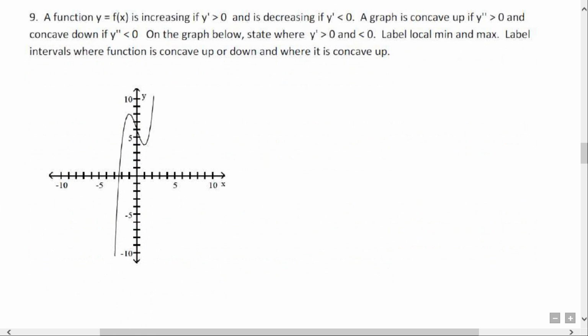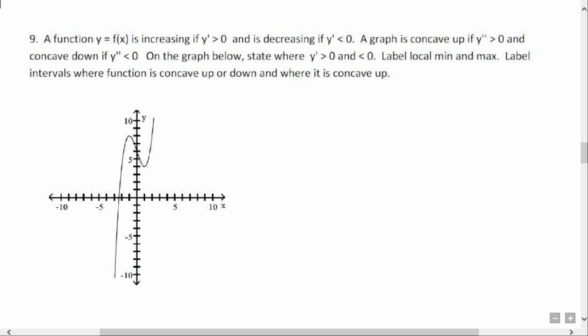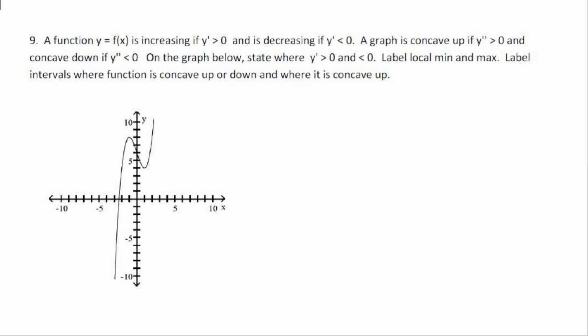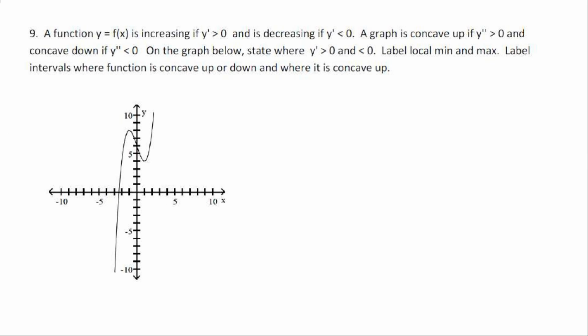The last problem here, we've just got a graph that you need to interpret. Some of the concepts you need to remember is that if a function y equals f of x is increasing, the first derivative is more than 0. And if it's decreasing, the first derivative is less than 0.